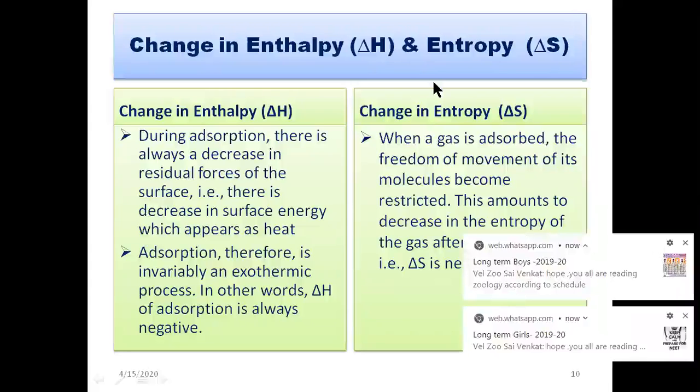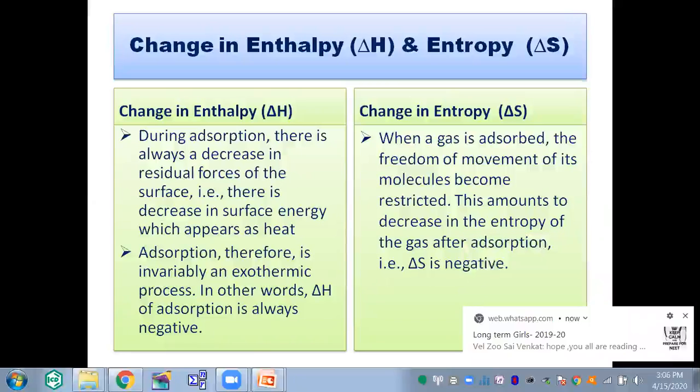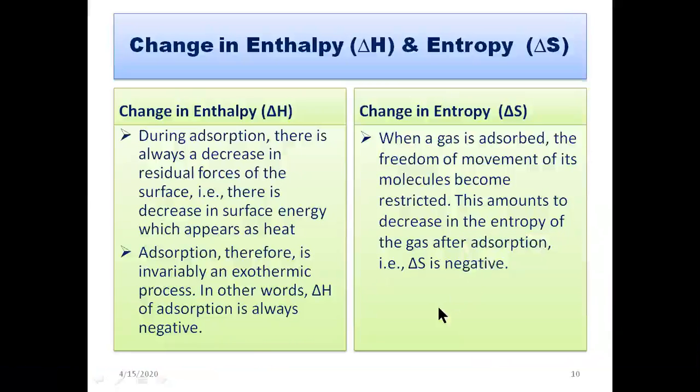During adsorption, enthalpy decreases, that we know. But in case of hydrogen gas, when it is adsorbed on glass, hydrogen molecules split into atoms. That means we are breaking the bond. Therefore, enthalpy increases. Exactly opposite phenomena we are going to observe.